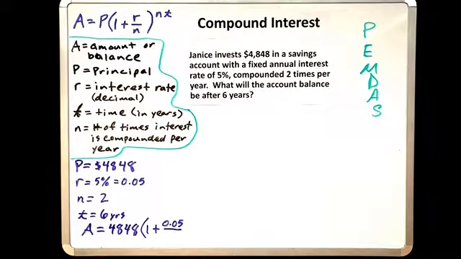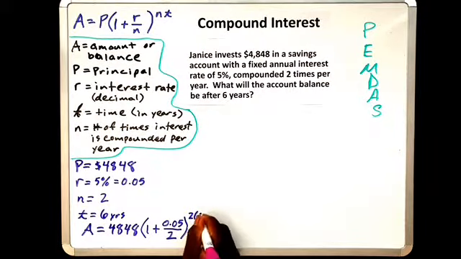That number is divided by n, which is equal to 2. And that is raised to the n times t, so that's 2 times 6. All right, so we substituted.